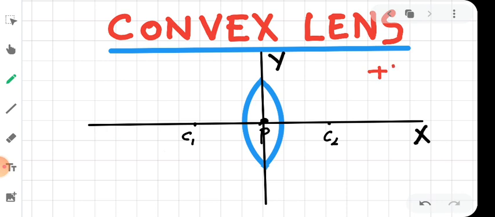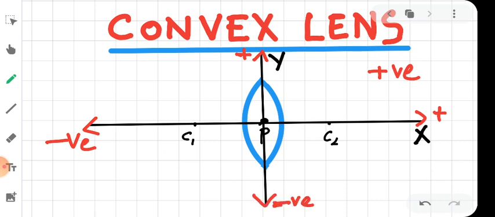This is the positive side: you move towards the positive x-axis, and upwards is the positive y-axis.